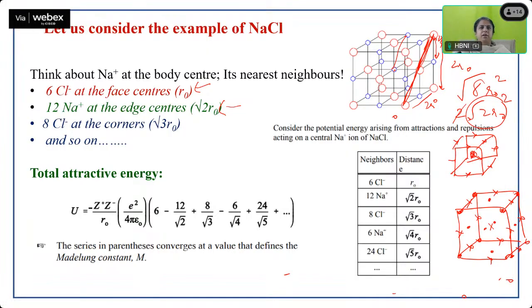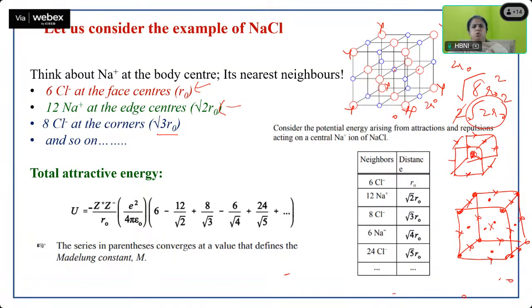Beyond that, we had sodium surrounded by 6 chloride, which were the nearest neighbor. Then 12 sodium were the next nearest neighbor. The next nearest neighbor would be 8 chloride, which are at the corners of the cube. These are at the distance of half the body diagonal, which is root 3 R0.